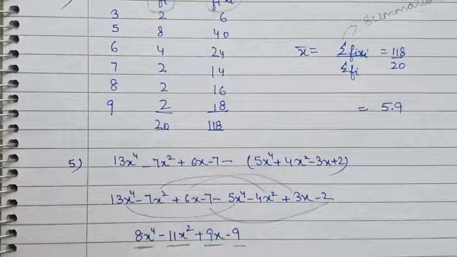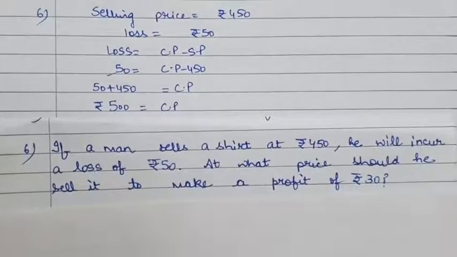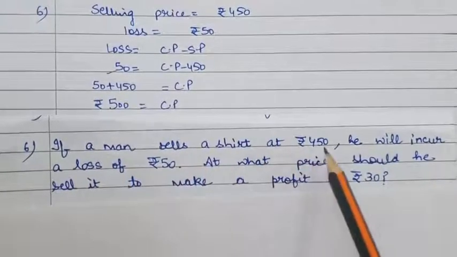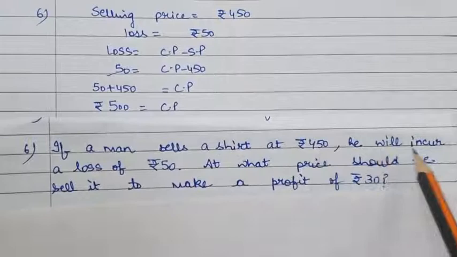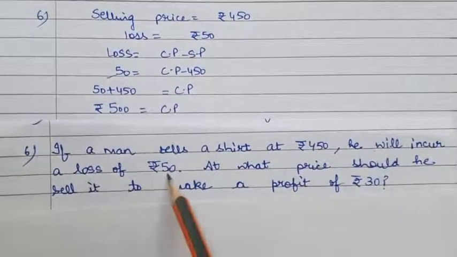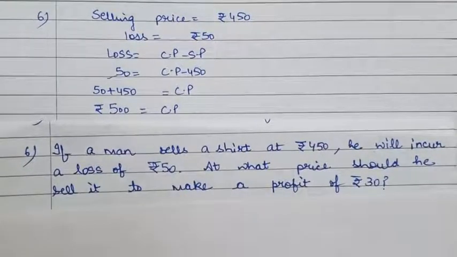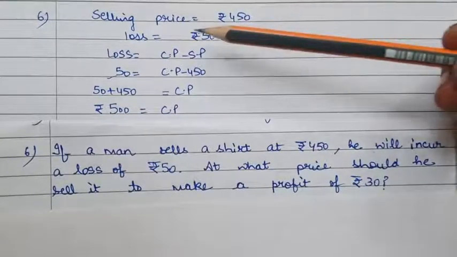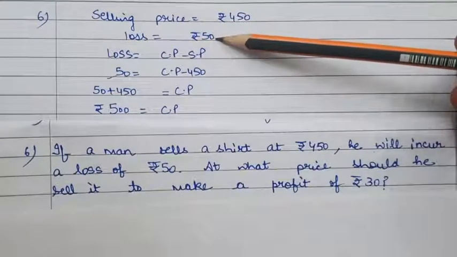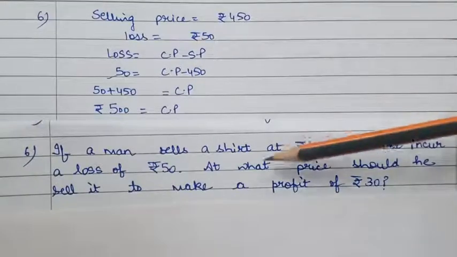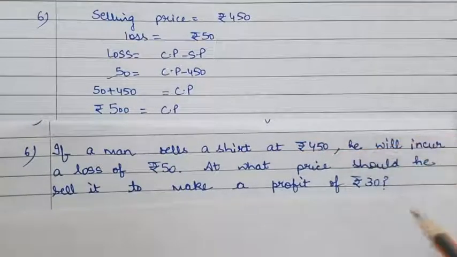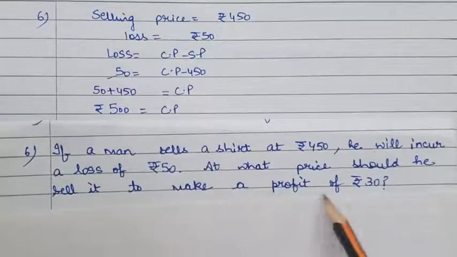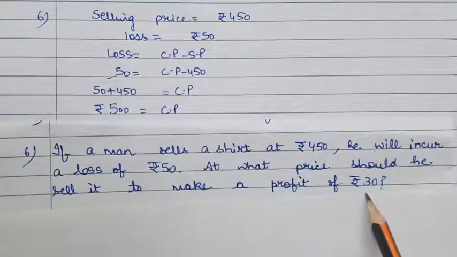Clear, children? Now the next question is: if a man sells a shirt at rupees 450, he will incur a loss of rupees 50. Means if selling price is rupees 450 and loss is rupees 50, at what price should he sell it to make a profit of rupees 30?